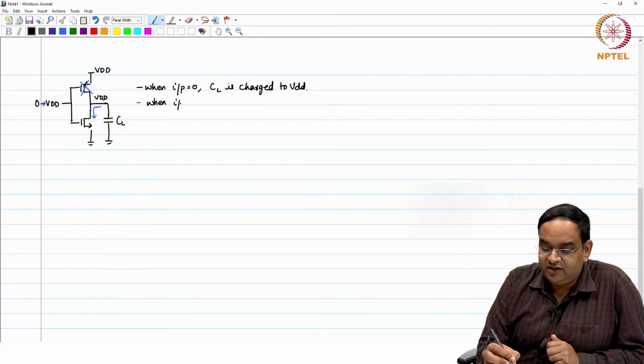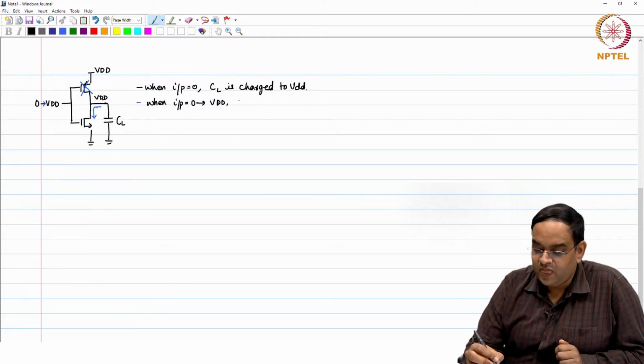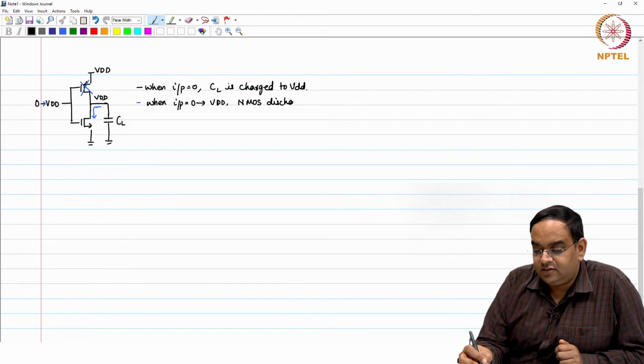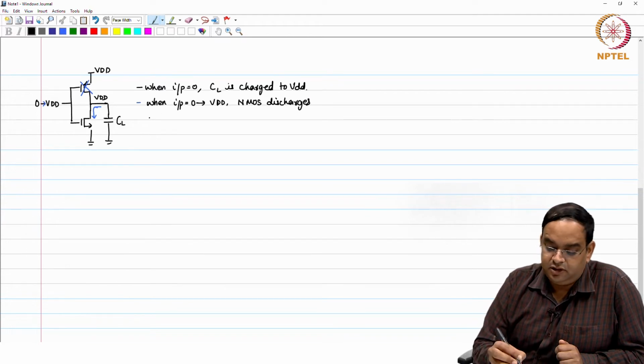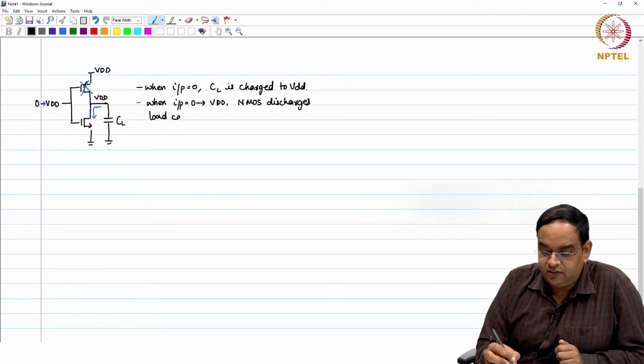When input makes a transition from 0 to VDD, NMOS discharges load capacitor CL.